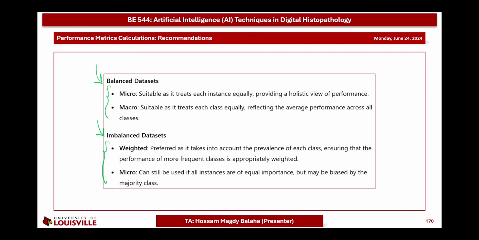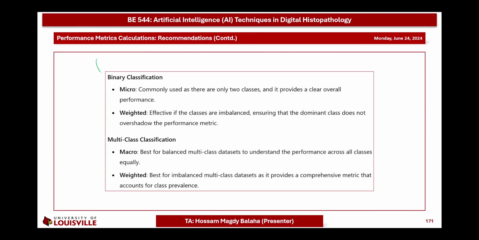And for the balanced dataset in the first example, we said macro and micro, and for binary classification you can use micro and weighted. And as mentioned, for binary classification you will get only 4 components if you are dealing with it as an overall 2x2 matrix, so you may not need to calculate the weighted, micro or macro, and you are just simply injecting the 4 components in the equations and calculating them.